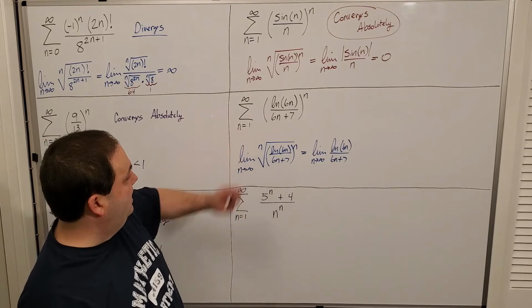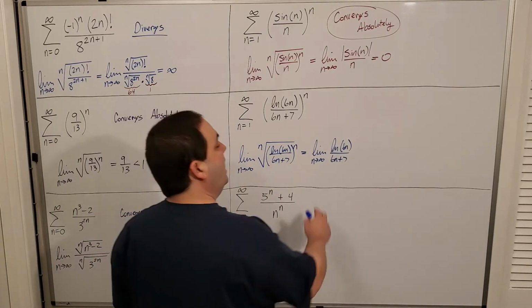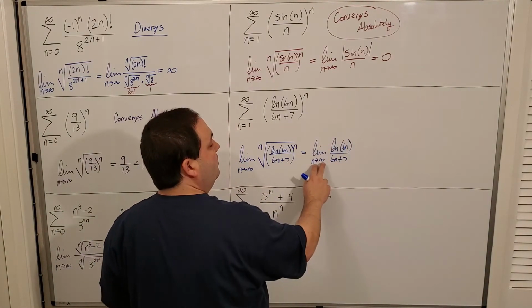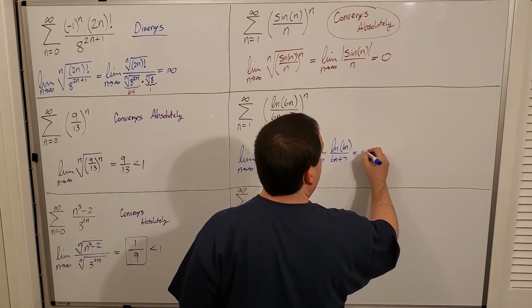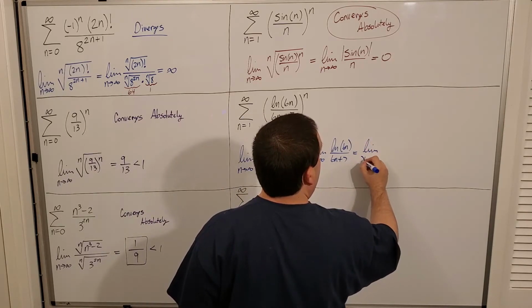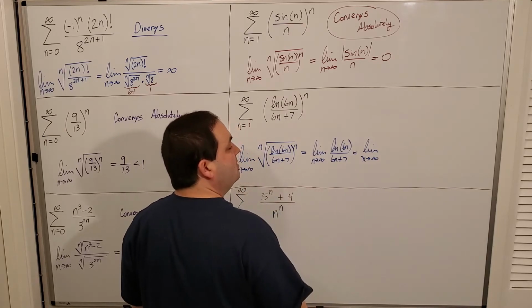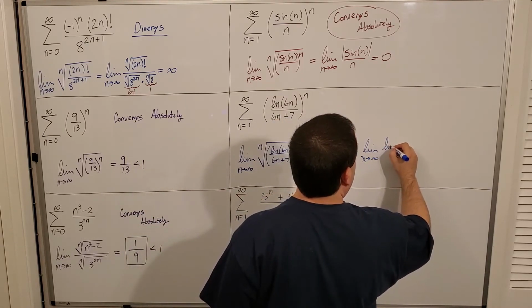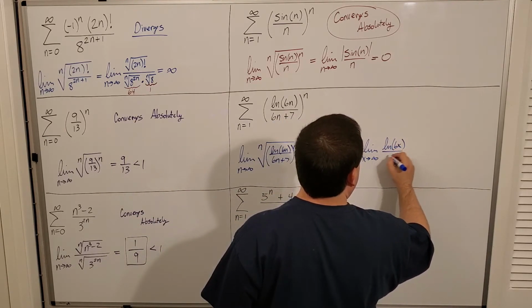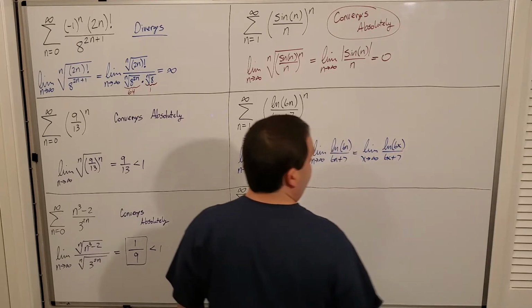n because n is a counter, but I can say that the way this limit is set up, it is equivalent to a limit of a continuous variable x, and I then can do the ln of 6x over 6x plus 7.